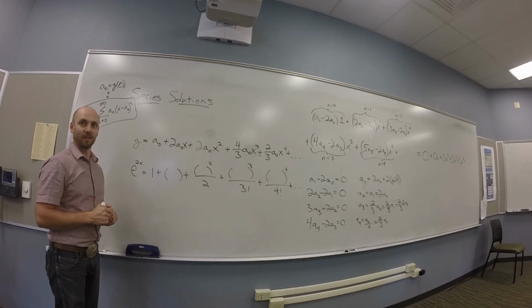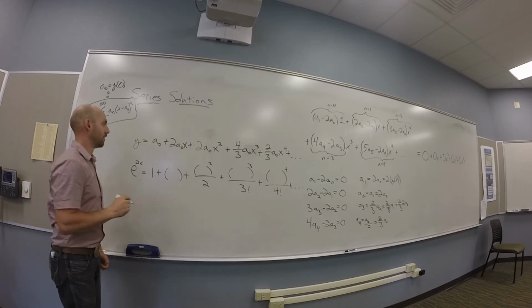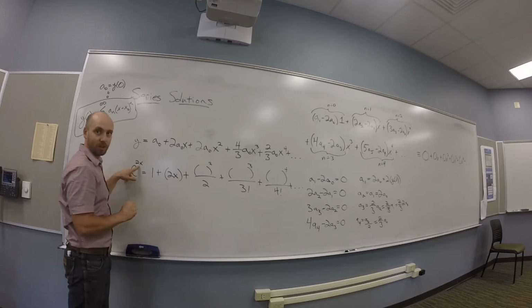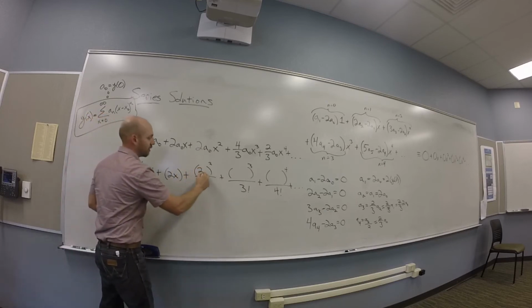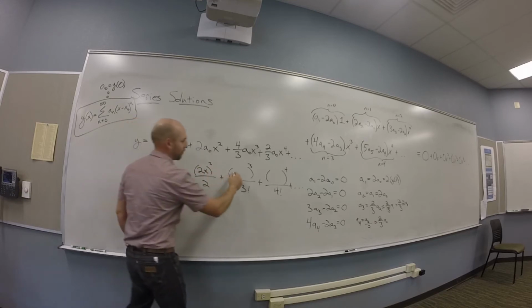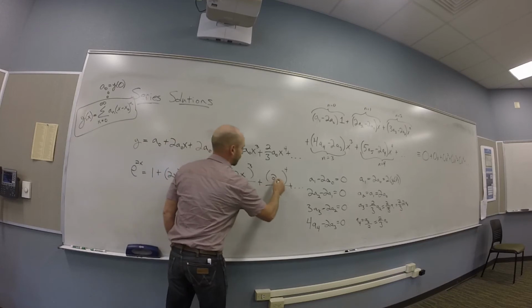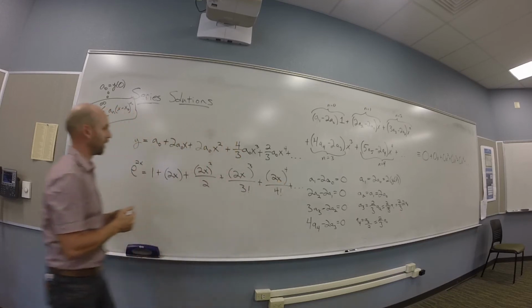You guys see that? Okay, well, this should go in here. So that should be 1 plus 2x plus 2x squared over 2 plus 2x cubed over 3 plus 2x to the 4th over 4 factorial.